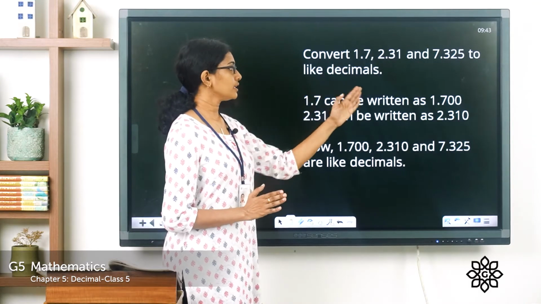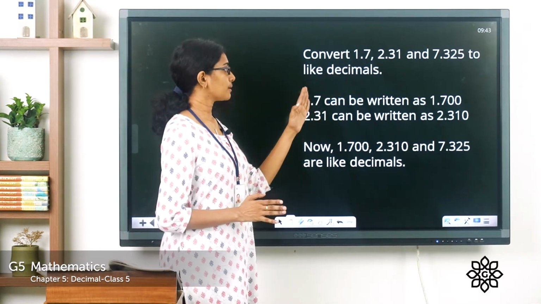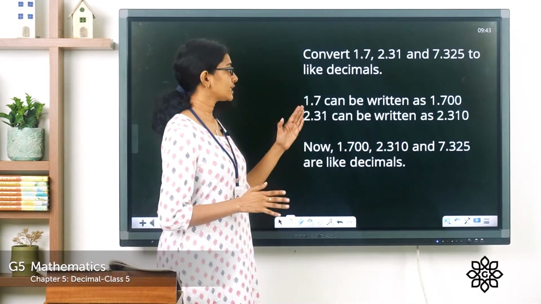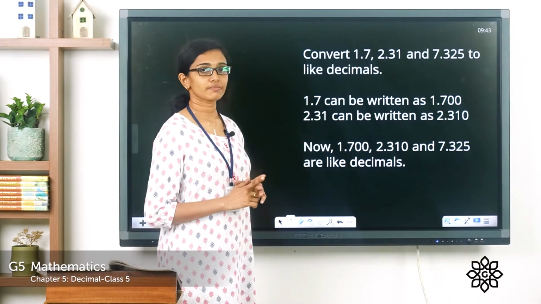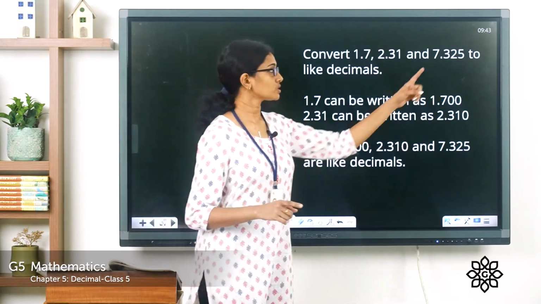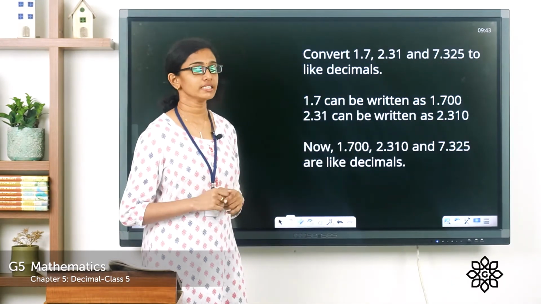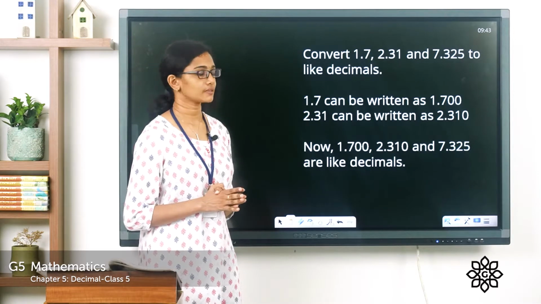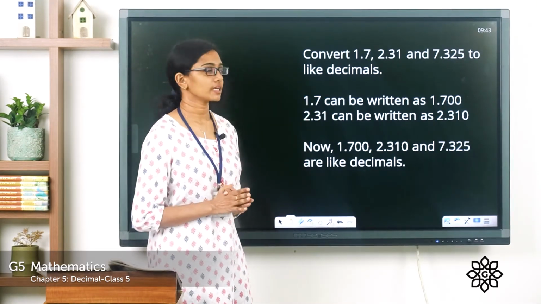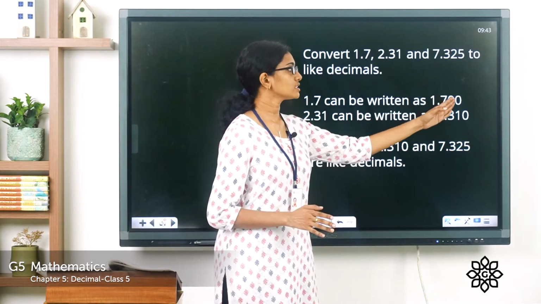Now, how can we add zeros? The first number is 1.7 and we have to make the number of digits after the decimal point in this one to 3 decimal places because there are a maximum of 3 digits in the given numbers after the decimal point. So 1.7 can be written as 1.700.